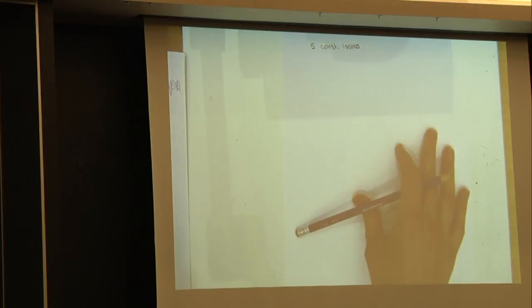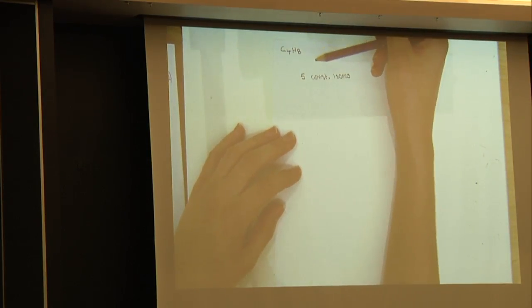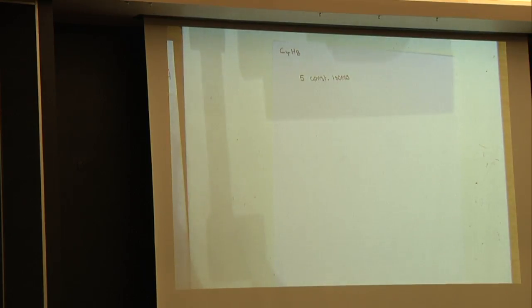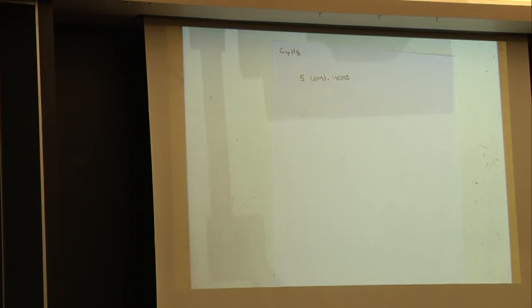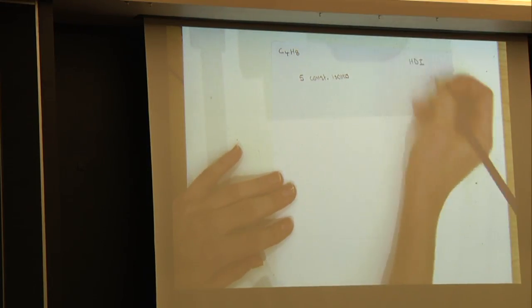All right, so I have this for you. We have a compound, C4H8, and I'm going to have you draw 5 constitutional isomers. So just a quick reminder, how do I calculate the HDI?